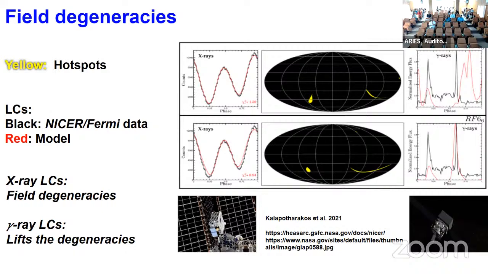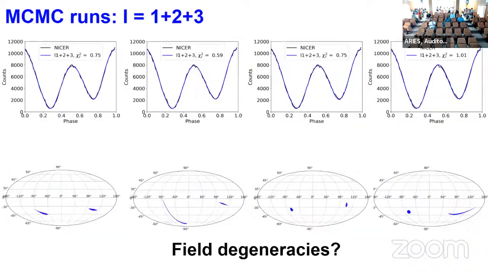Now, the work we have done so far is X-ray only for the retarded field. That's why this is an open question, but we think the answer is going to be yes, that what we are seeing here is also field degeneracy.